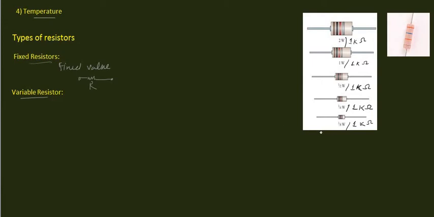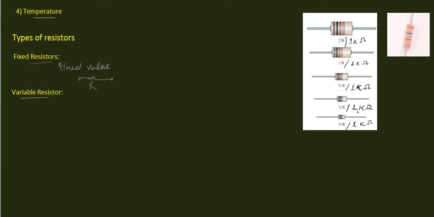Look at this picture, in which we have 5 different size resistors, each having a different wattage or power value, but the resistance value of each resistor is the same.